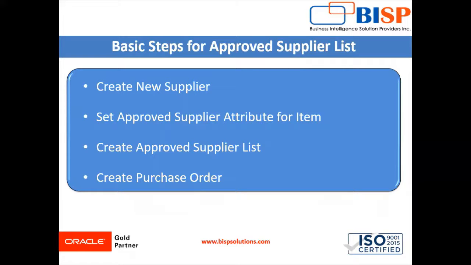Based on this supplier list, we will create the purchase order. While creating the purchase order, we will select the supplier from the approved list. So let's move on to the application and follow all the steps, and we'll see the entire picture of the approved supplier list.